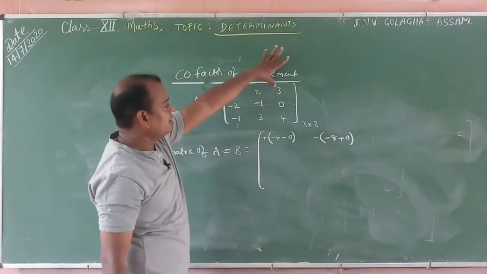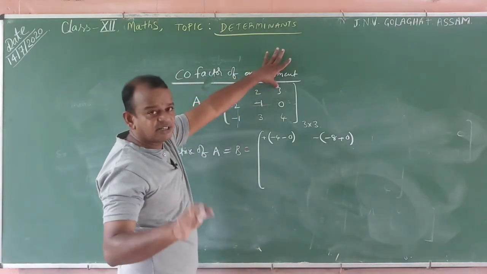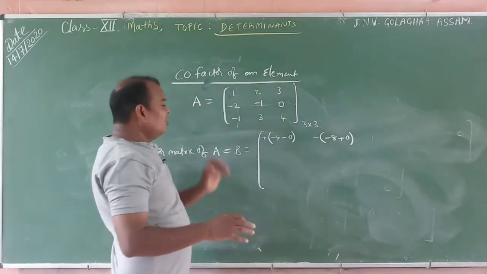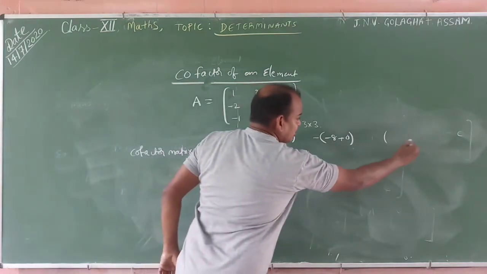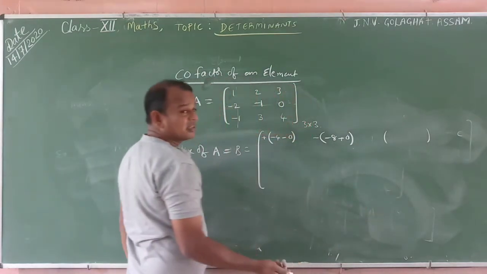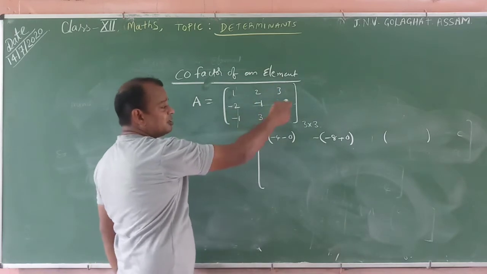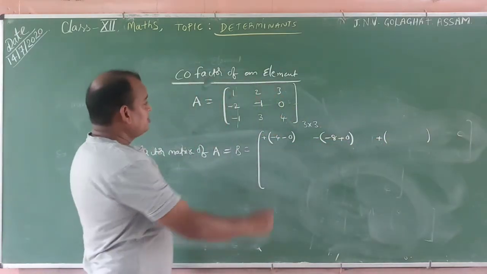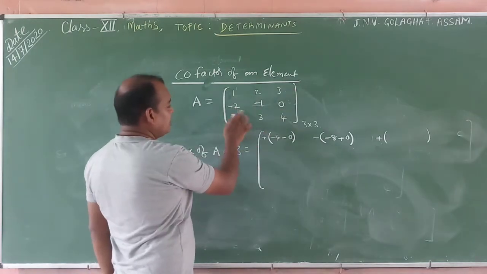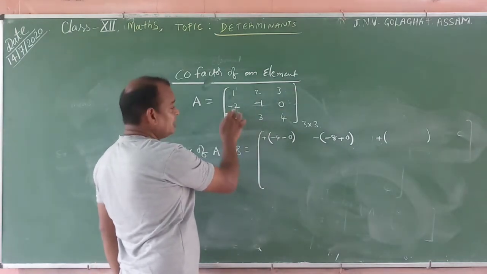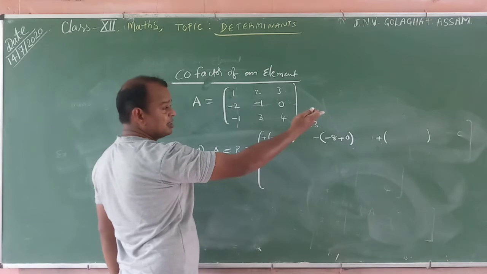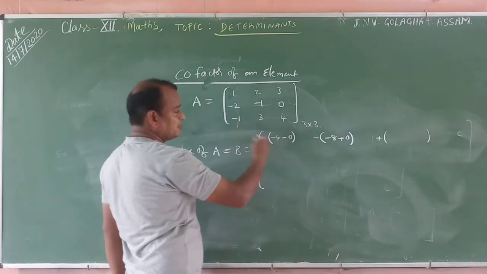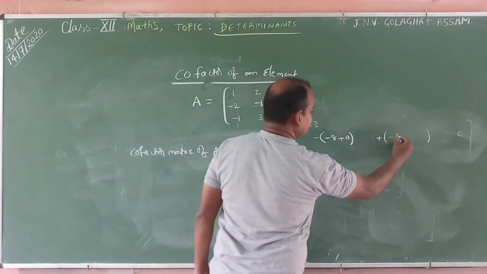Next, the cofactor of 3: first we write the minor, in brackets, no doubt at all. Now the sign: this is the first row, third column, which means plus. What is the minor? This row and column deleted: -2 into 3 is -6, AD minus BC, minus into minus is plus, so -6 minus 1.